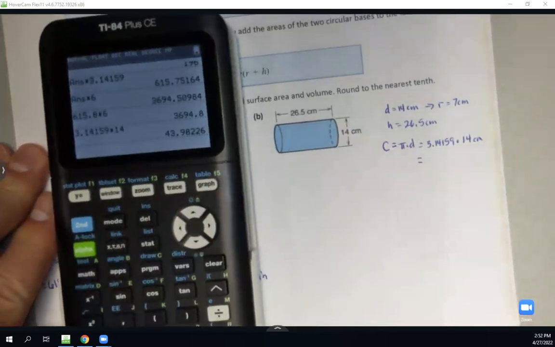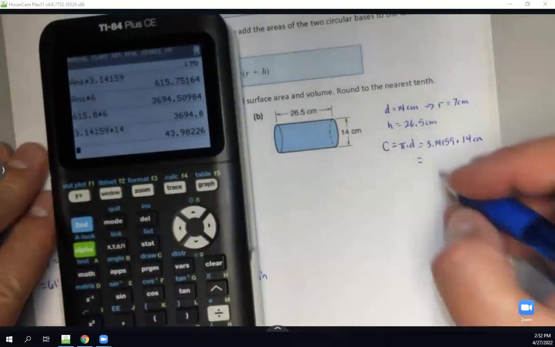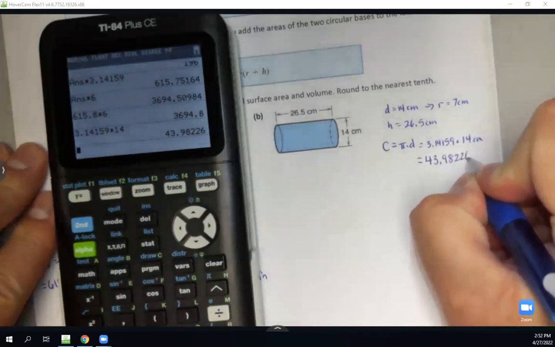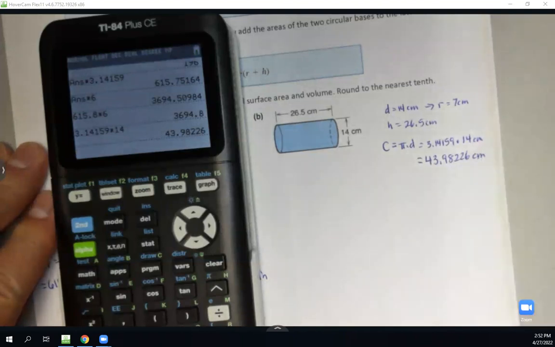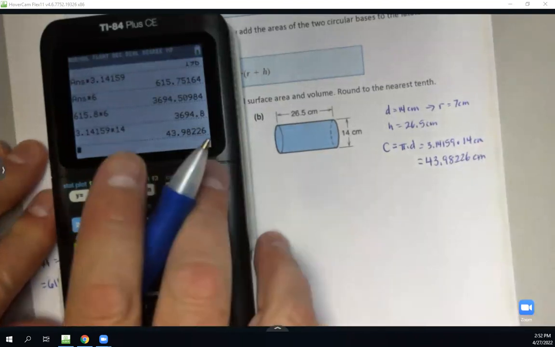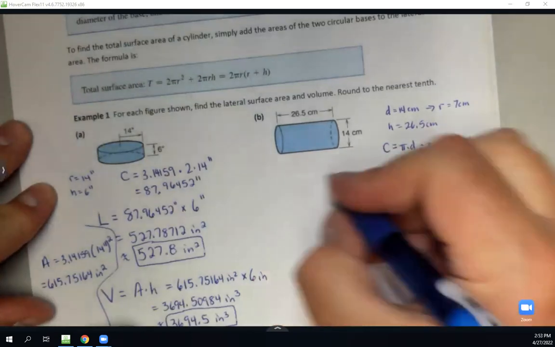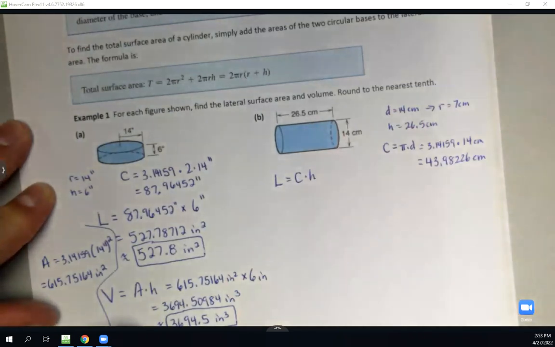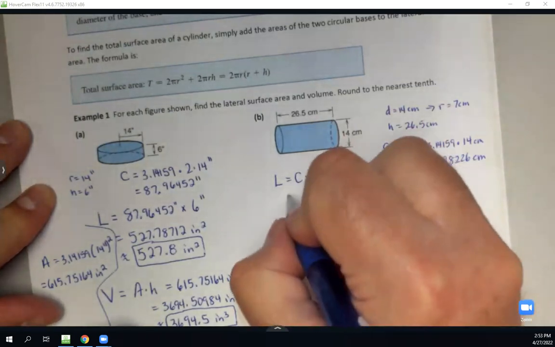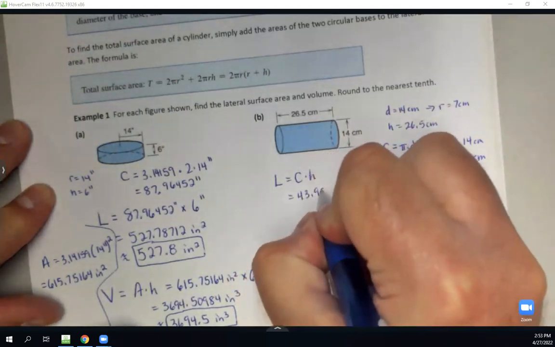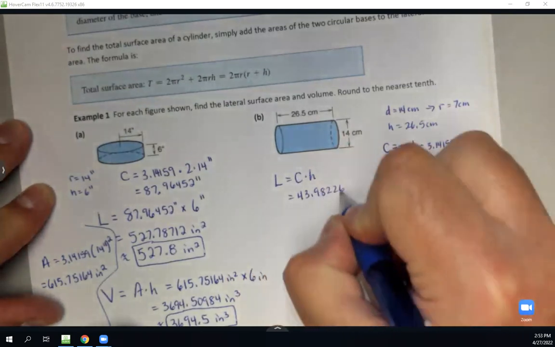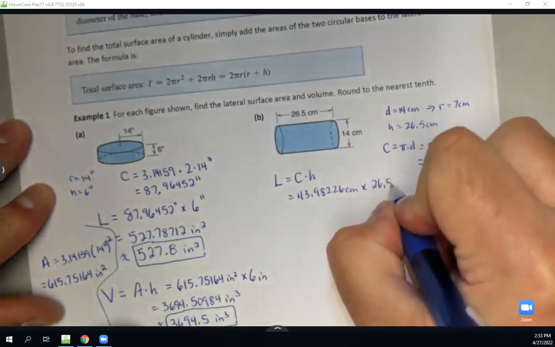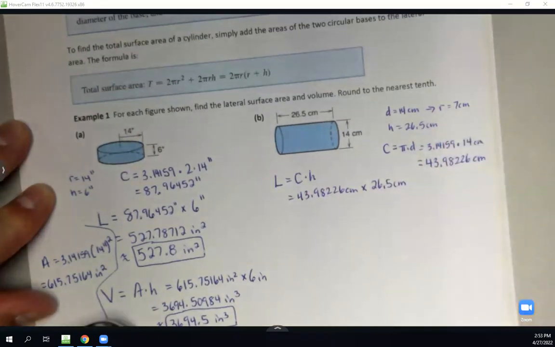So that is 43.98226 centimeters. So my lateral surface area is going to equal the circumference times the altitude. So that's just going to be the 43.98226 centimeters times the 26.5 centimeters.